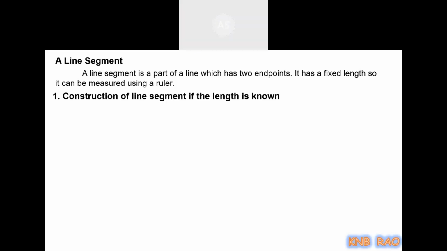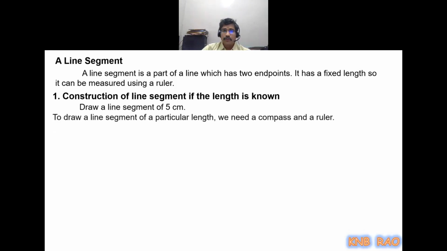So how to go about construction of a line segment? Construction of a segment if the length is known. Now somebody asks you to draw a line segment of 5 centimeter. What are the steps involved? To draw a line segment of a particular length, we need a ruler, and ideally a compass also.